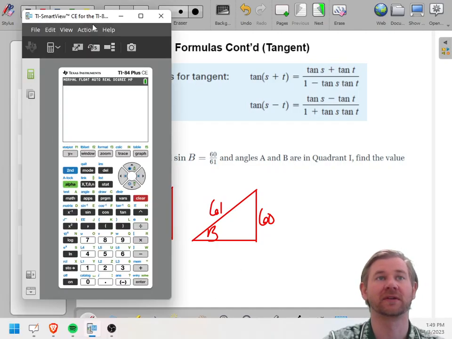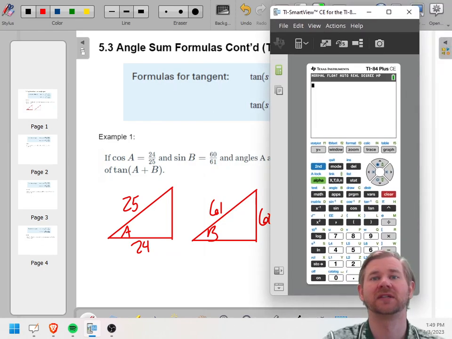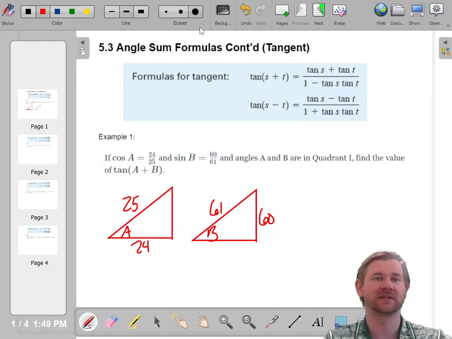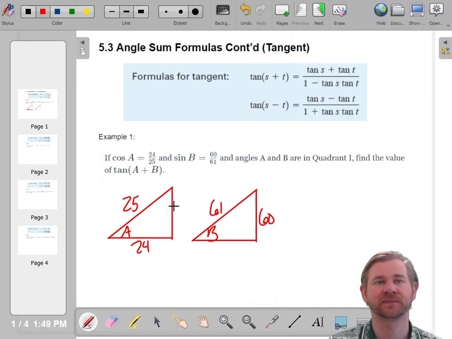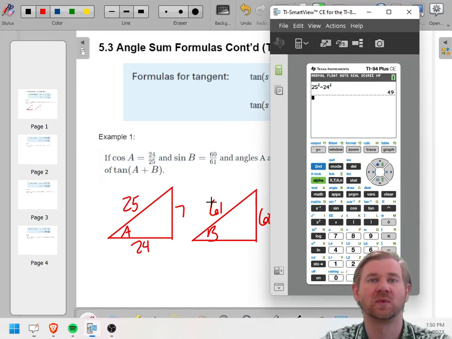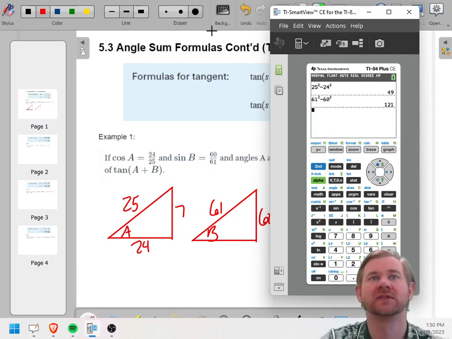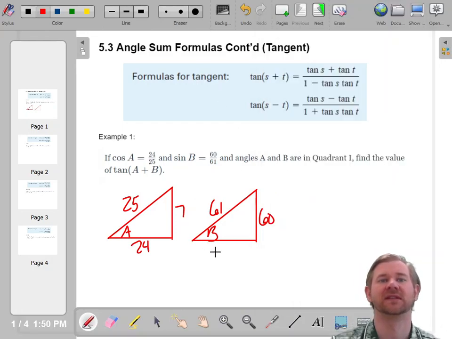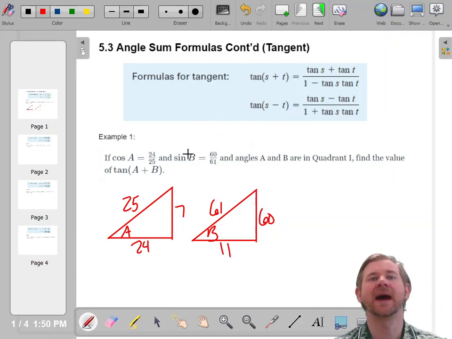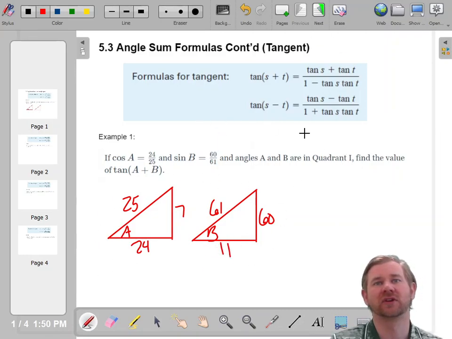I'm just going to do some calculator work. 25 squared minus 24 squared is 49, the square root of 49 is 7, so I know this side is 7. And then 61 squared minus 60 squared gets me 121, so the square root of 121 is 11. So this is 11.